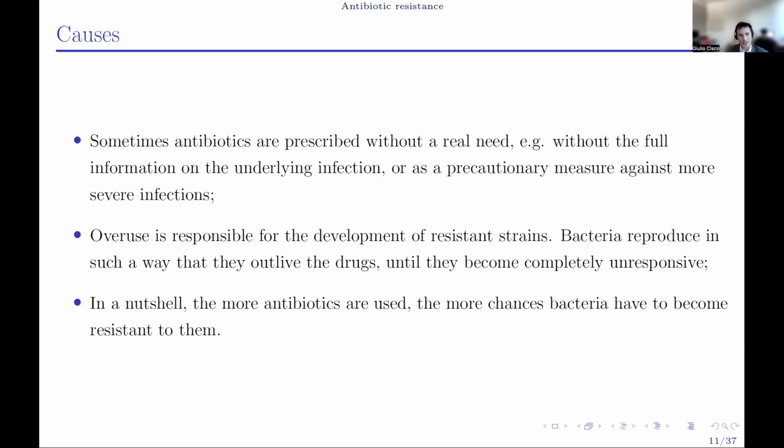So in general, what is important to keep in mind is that the more antibiotics we use, the more we are likely to have an increasing resistance.